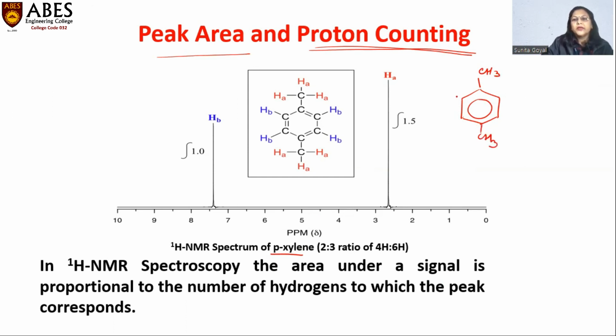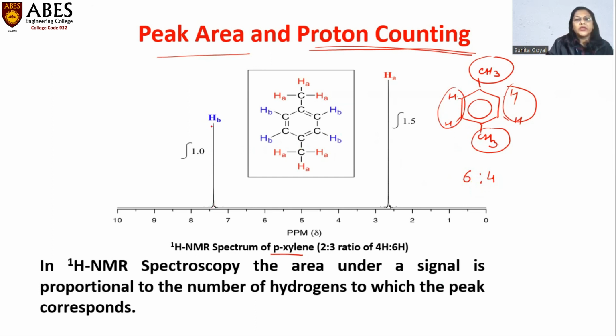Here also four hydrogens are present, but all these hydrogens are in the same environment, so these two sets mean one type of protons. Both of them are equivalent protons. All the 6 hydrogens are equivalent, and these 4 hydrogens are equivalent. So there are a total of 6 protons of one type and 4 protons of the other type. Here we can see that there are 2 signals.